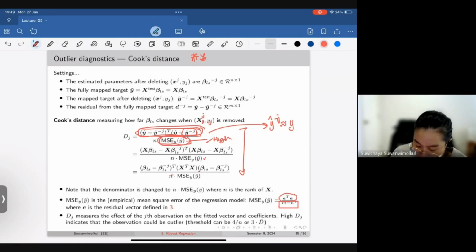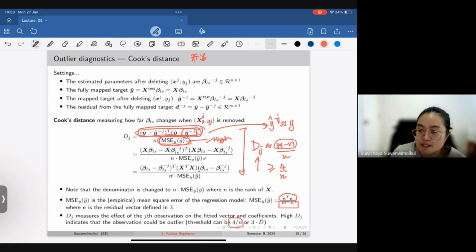And therefore, dj will be about m minus n over n. Which means that in this case, they use 4 times, and it's just said that if it's larger or equal than 4 times minus n, which is possible if you use a lot of measurements, then we will say that j will be like the outlier samples.